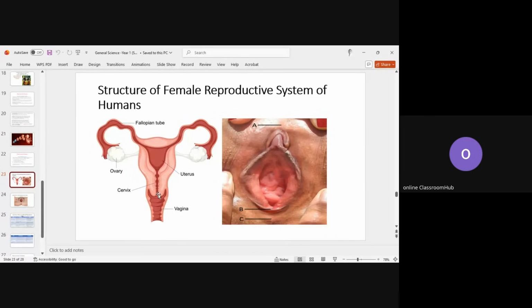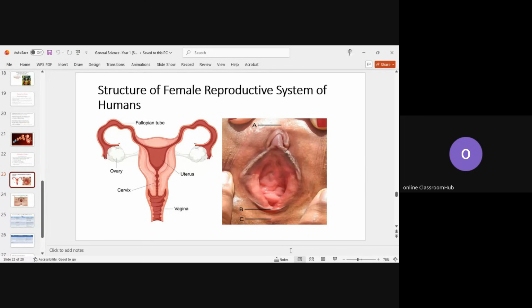It kills germs. It closes when pregnancy occurs, so that when that happens, menstruations and all that will cease. So this is typically what happens. All right, so this is the structure of the female reproductive organ.